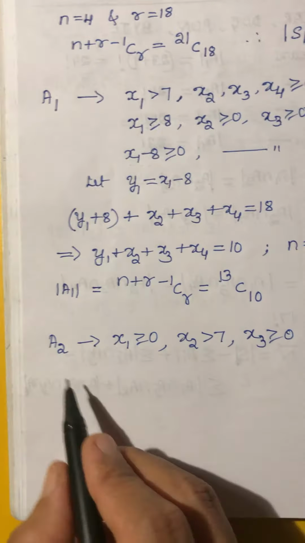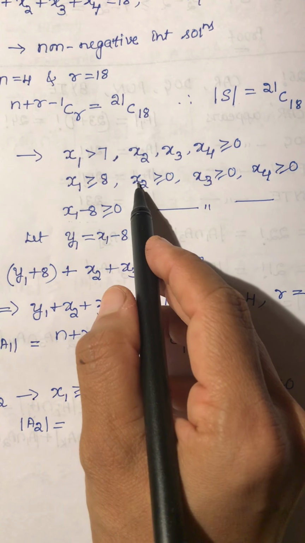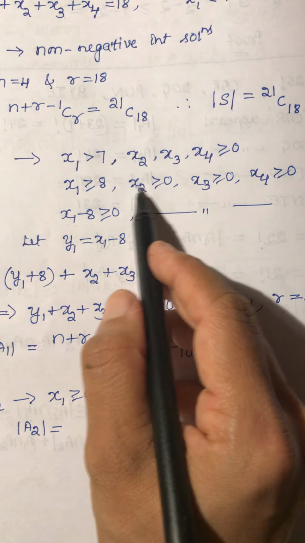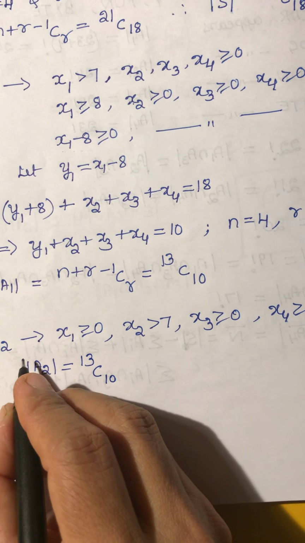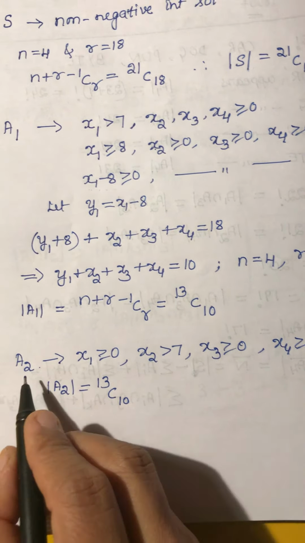So what will mod A2 be? It will be the same, because the same concept goes on. Instead of x1, we take x2 greater than or equal to 8, with the same procedure, so we get the same answer, 13 C 10. Similarly, A3 is the set where x3 is greater than 7, and A4 is the set where x4 is greater than 7.